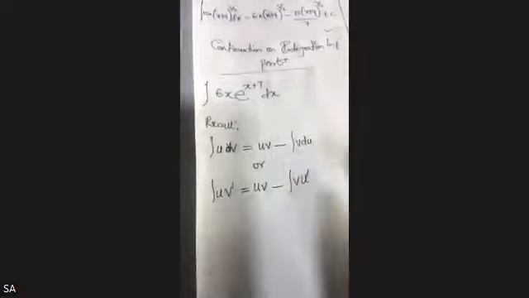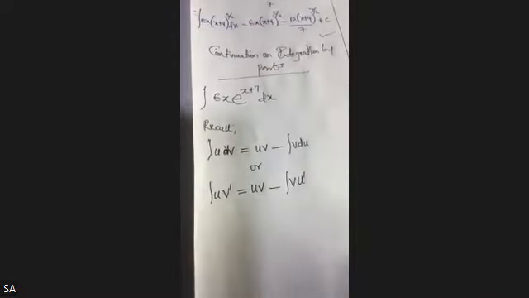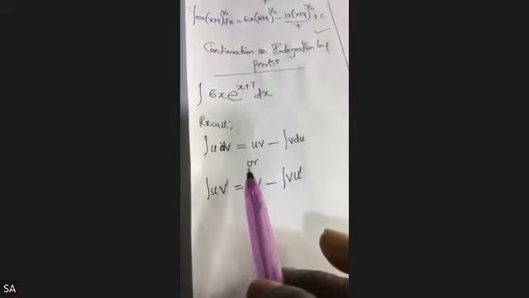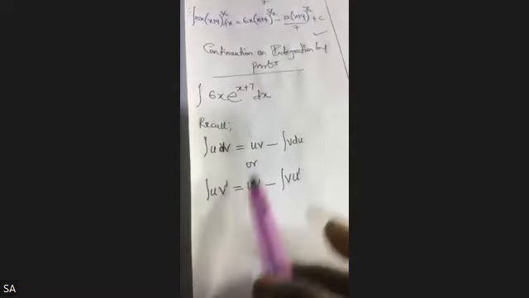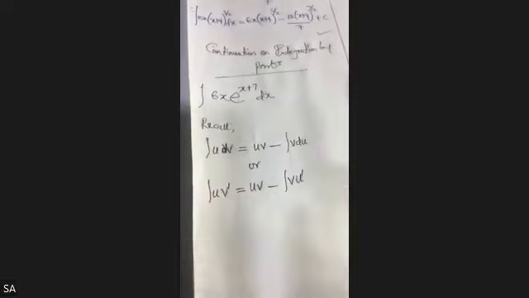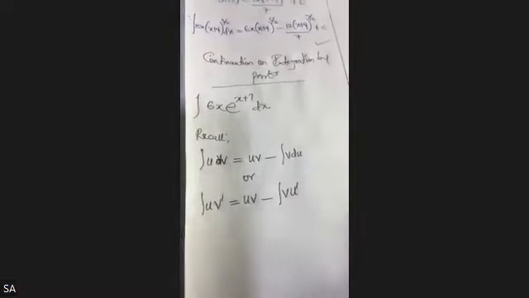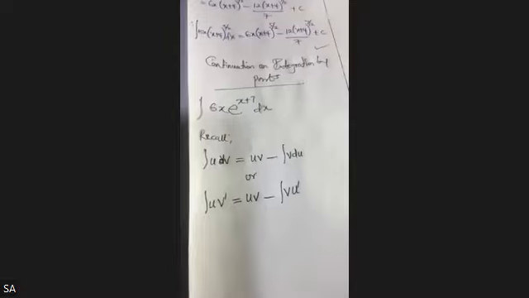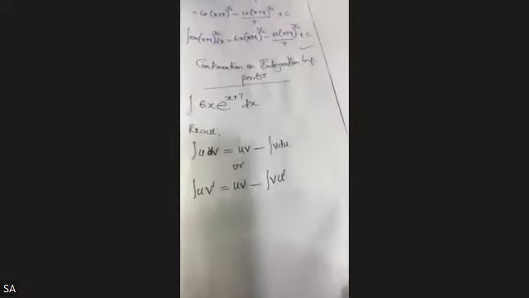So either of these, you're good to go. This is the first thing I want to tell you, reducing the formula. Use either of these. The first one is u dv equals uv minus integral of v du. So take note of this, very important.